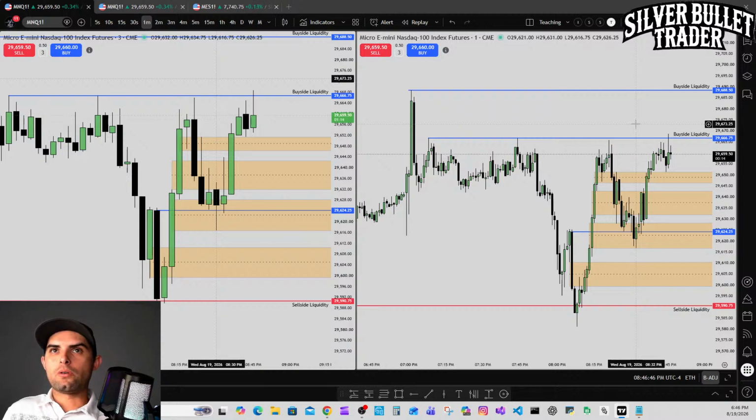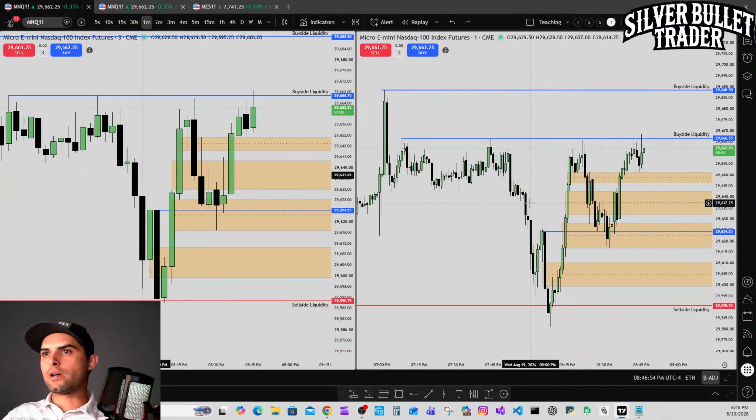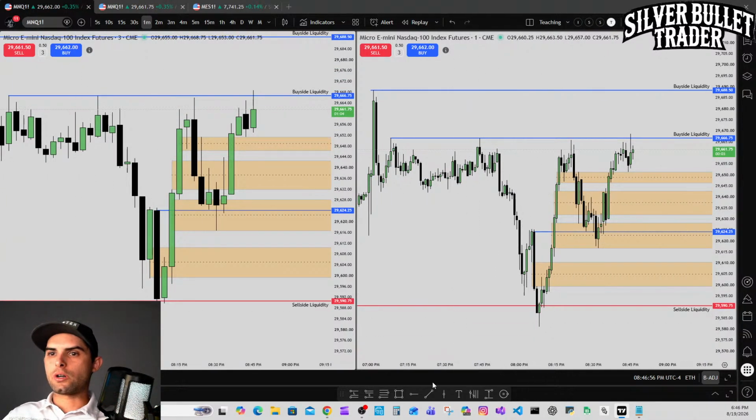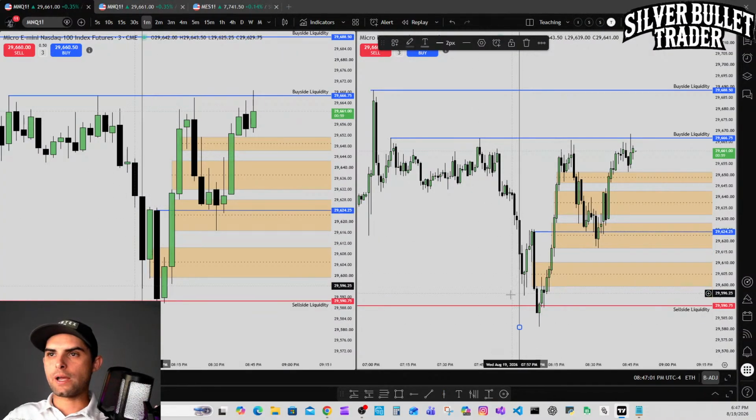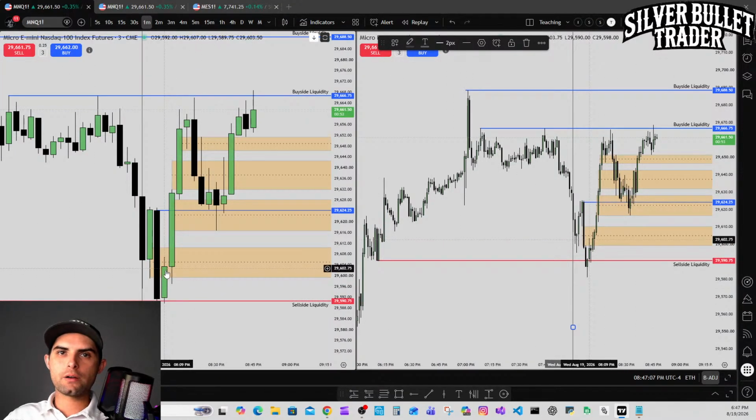I think that we'll wrap up the stream here with this. So just to kind of do an overview of what we looked at in the charts. I was looking for a setup around 8 o'clock, which is right here. The setup is a sweep of liquidity with a candle close higher, which we got here on the 3-minute chart.